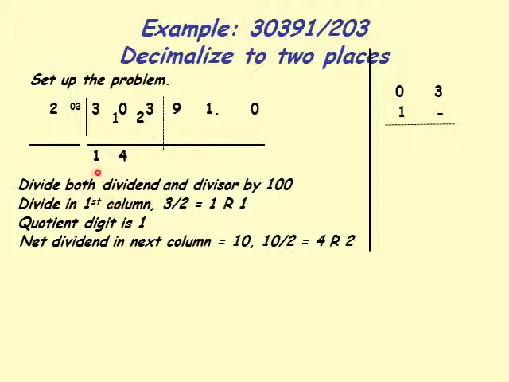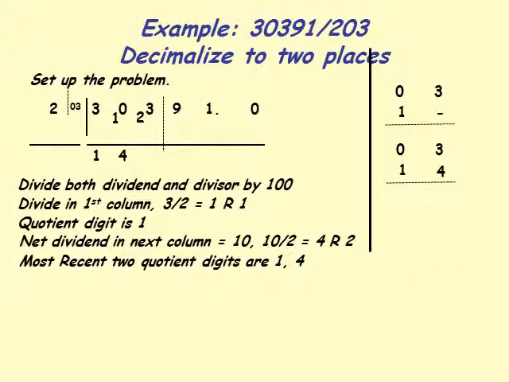Now we have 1 and 4 as my most recent two quotient digits. The setup for the adjustment is 0 and 3, the two digits from the flag, and 1 and 4, the two quotient digits. I'm going through these extra steps to show what the adjustments look like, and you should be able to do that mentally, at least with practice.